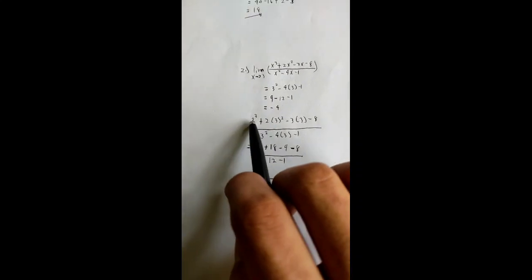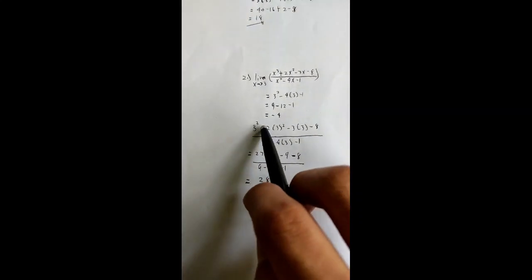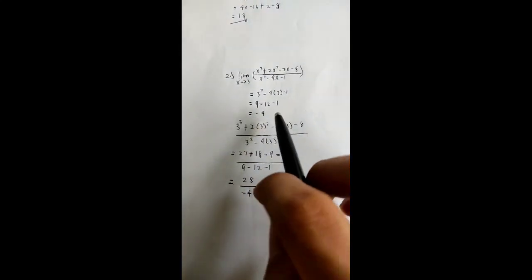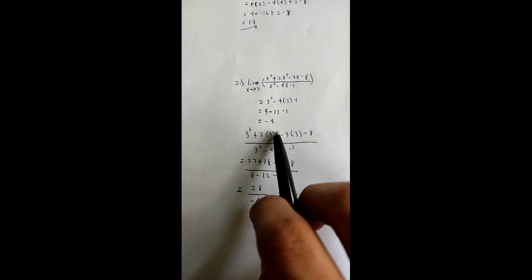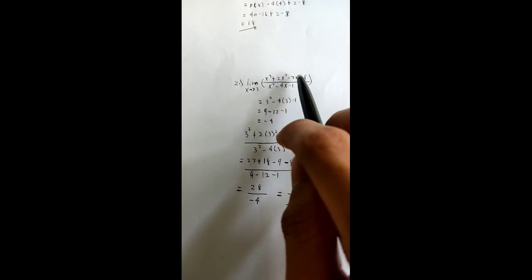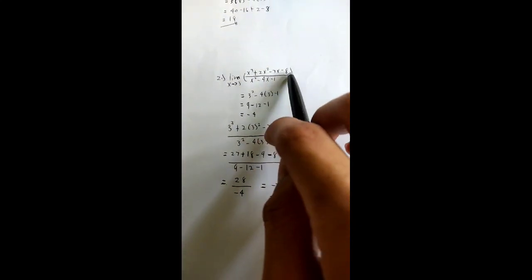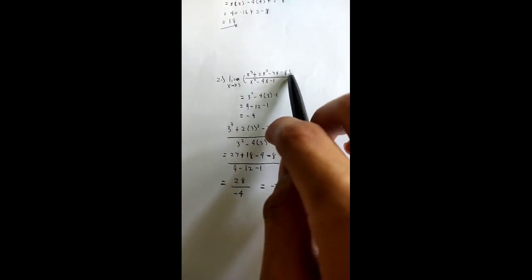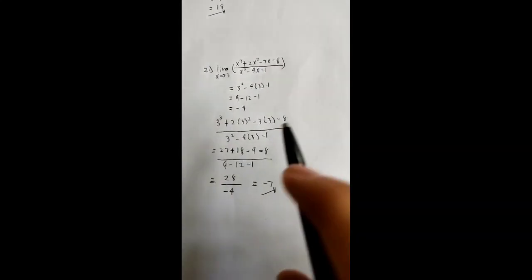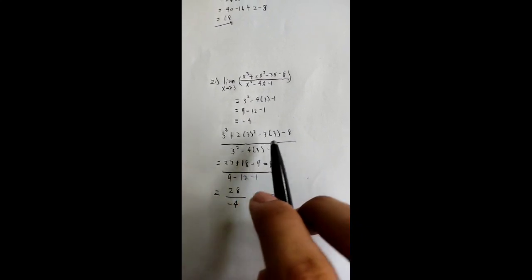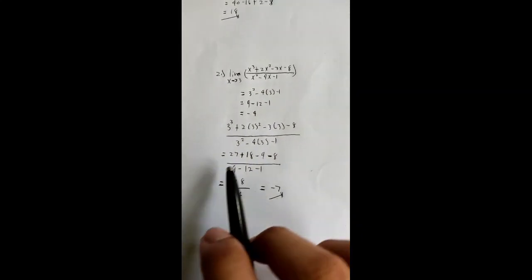That would be 3 cubed plus 2 times 3 raised to 2 and minus 3 times 3. Just copy here the 8 because it's a constant. There's no x variable here that can be replaced by x approaches to 3. And the denominator also, we copy the denominator which we solved earlier, which is 3 squared minus 4 times 3 minus 1.